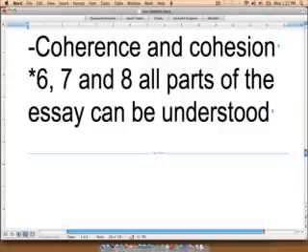When you're reading a band 6, you might have to think a little bit more to understand what they're trying to say, but the bottom line is that you, as a native English speaker, can understand what it is that they are writing. So 6, 7, and 8 band for coherence and cohesion can be understood in all parts of the essay.